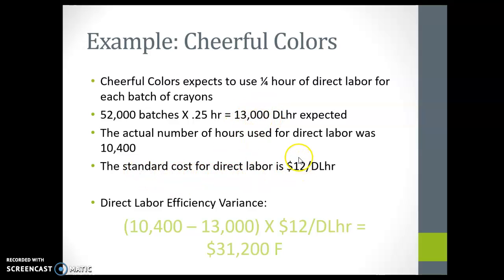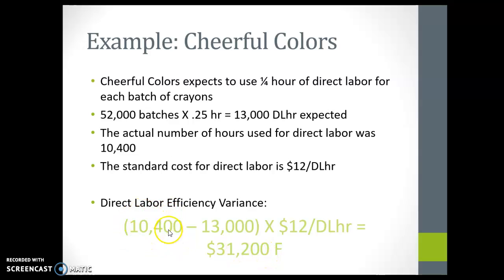And the standard cost again is $12 per hour. So now we can plug this all into our formula. And so we have the actual quantity of direct labor hours, that's 10,400. We subtract out the number of hours we thought we would use, the standard quantity of 13,000. We take that amount and multiply it by the standard cost per hour, which is $12 per direct labor hour. Once I calculate that all out, I get $31,200.